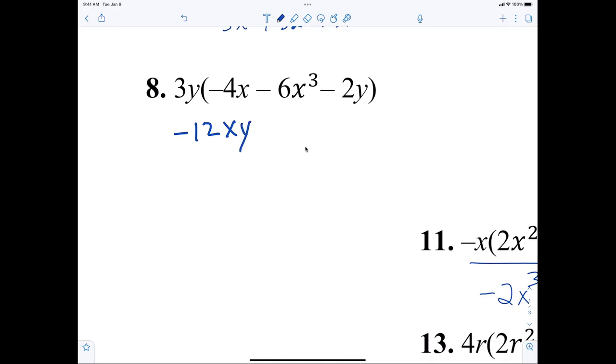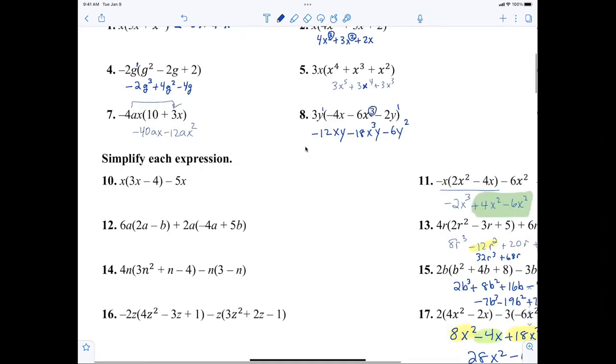And then what? x what? Yes, x to the third y. Minus 6y what? y. Yes, it was 1 plus 1. Good on that?